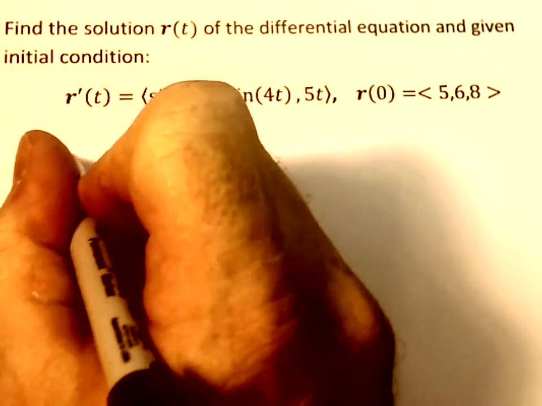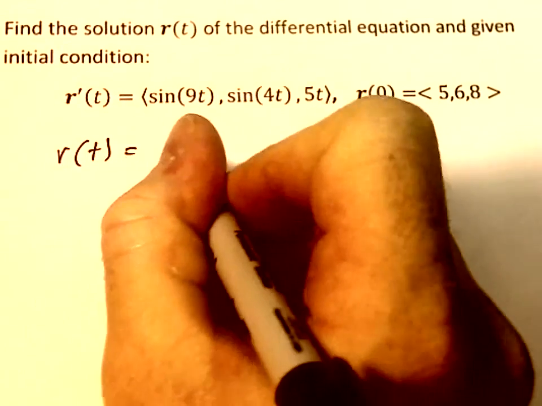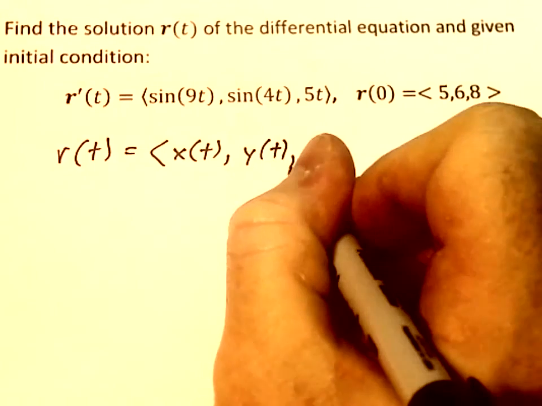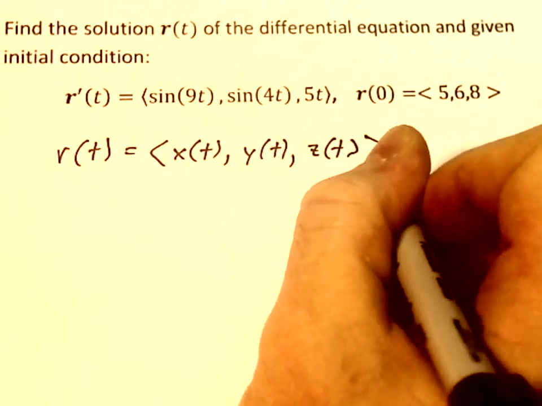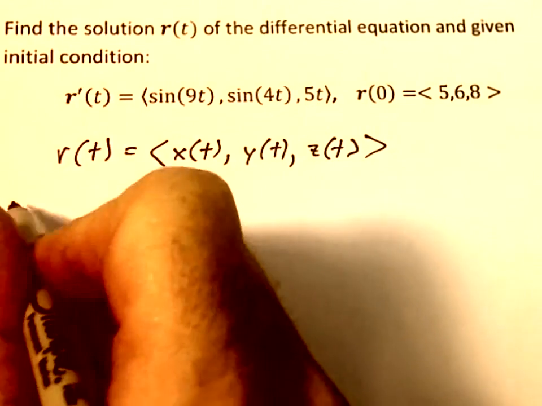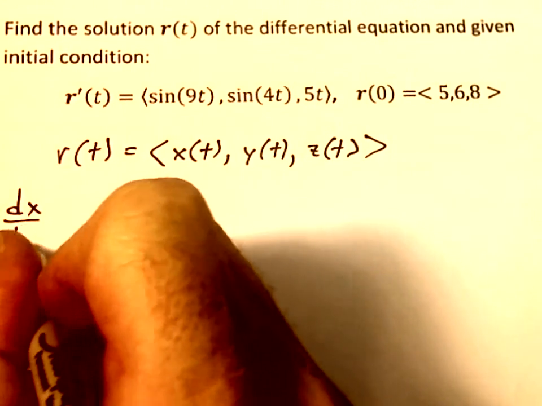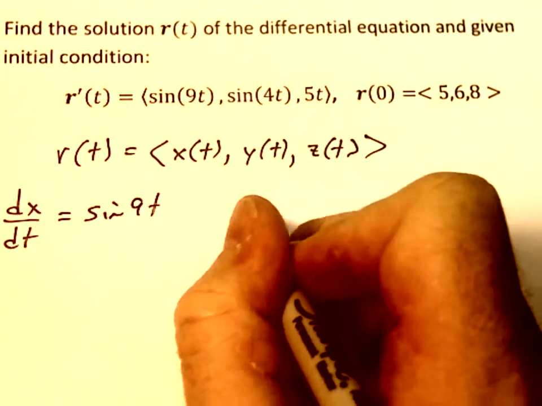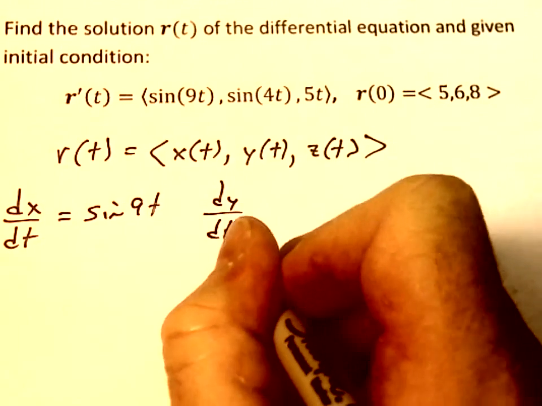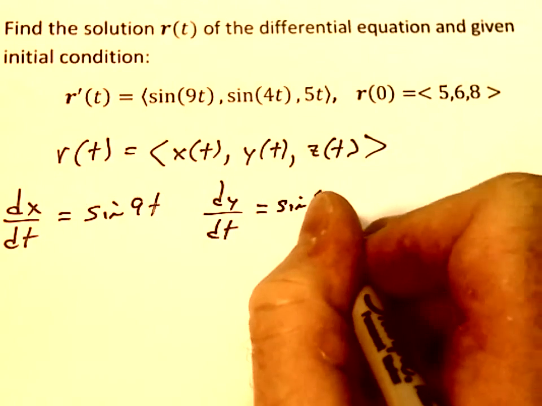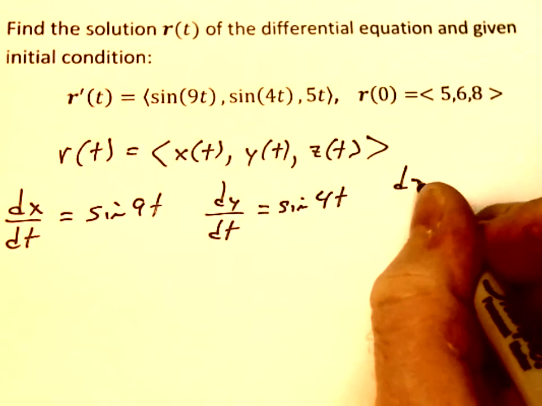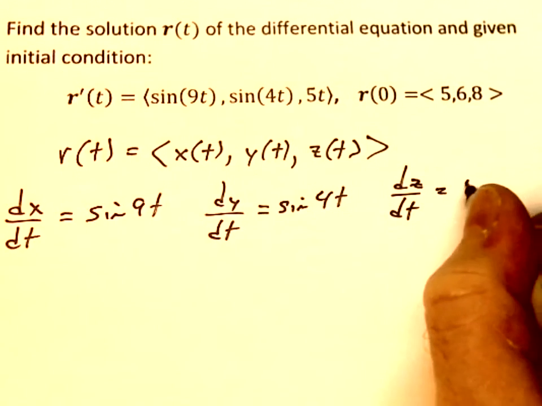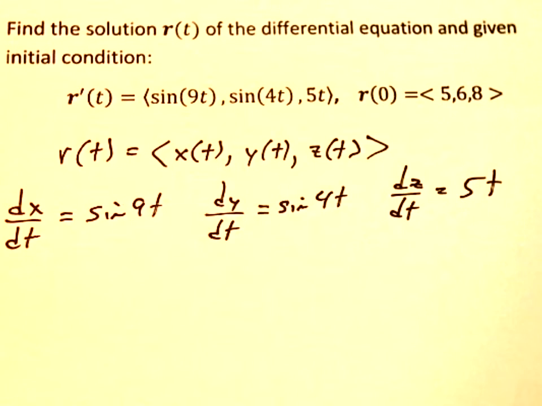If we think of r of t as x of t, y of t, z of t, then this differential equation becomes dx/dt should be sine of 9t, dy/dt should be sine of 4t, and dz/dt should be 5t. So that's for the differential part.